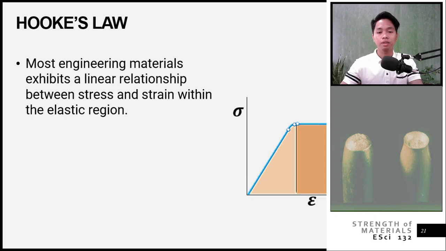But in reality, the maximum limit for our elastic region is our elastic limit. But for the proportional part, the stress is proportional to the strain, and the limit would be your proportionality limit. So up until this point, our stress and strain are proportional to each other.